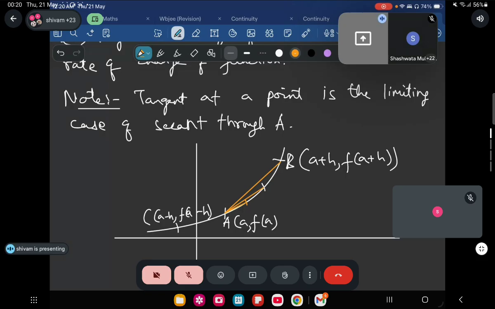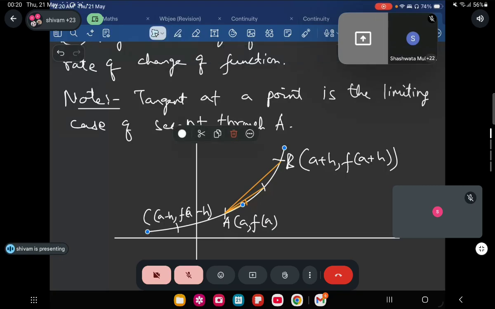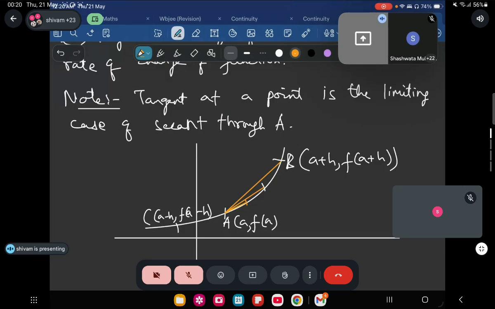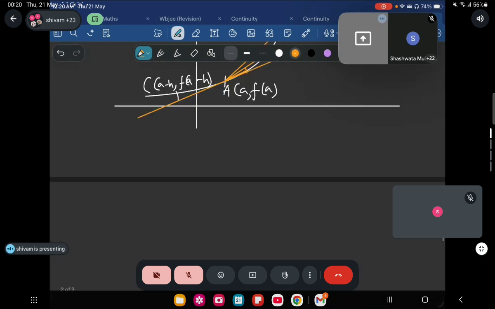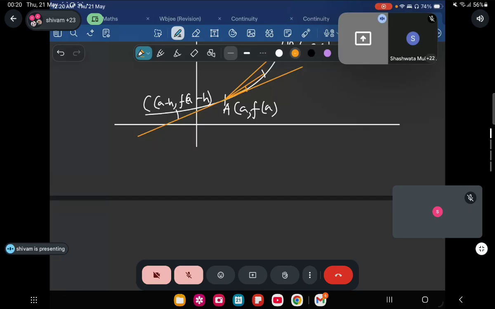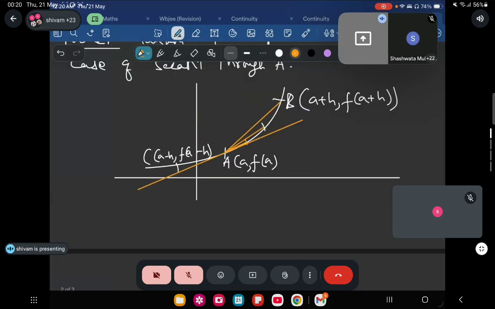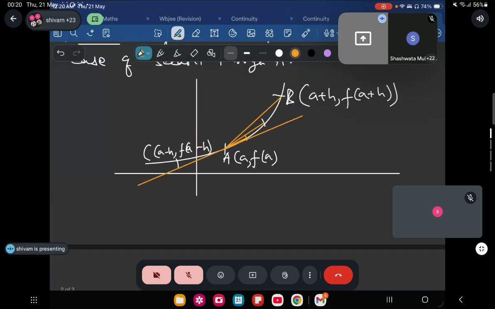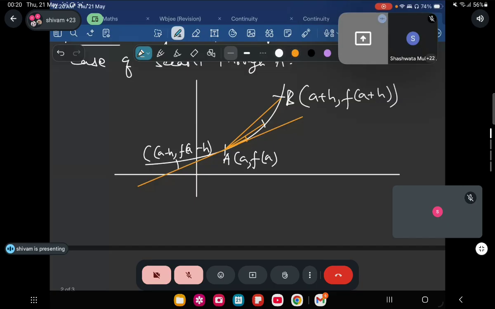But when B and A are very close to each other, then it will become a tangent, whether you approach from the right hand side or from the left hand side.